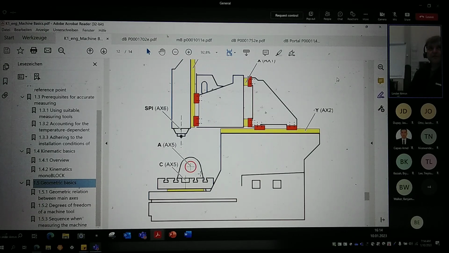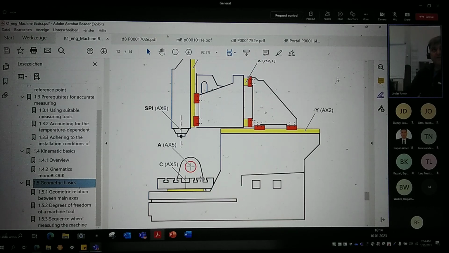So there we have to look whether the Y-axis and X-axis ways are at a right angle, and the particularity. That's one of the important things. And then the next step is the Z-axis.